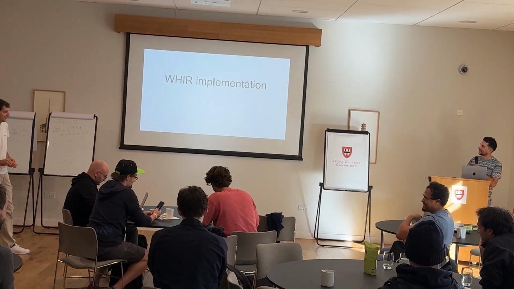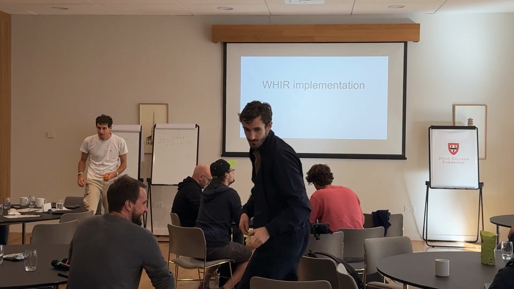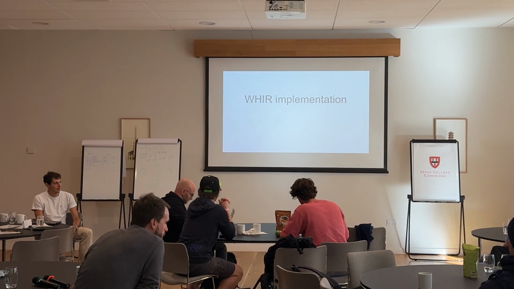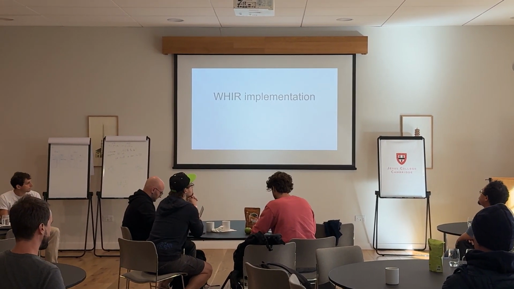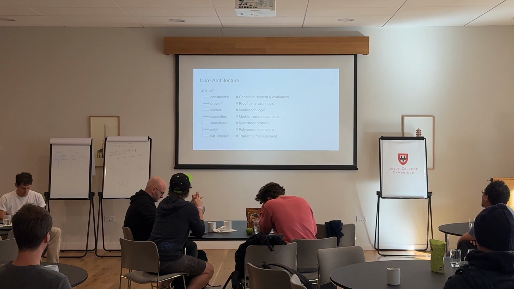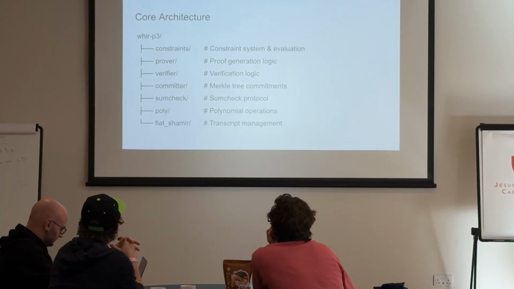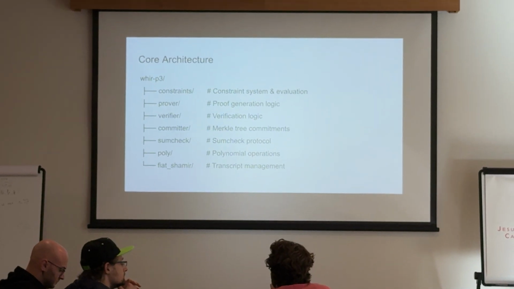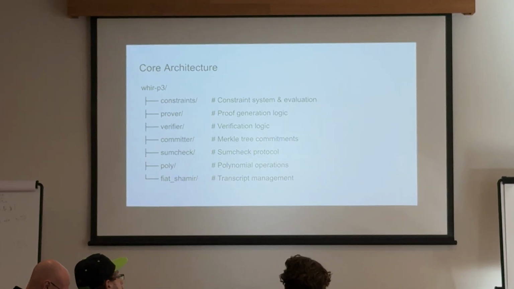in this session, we are going to try to talk about WHIR, its implementation, the details, and try to see how we can move forward and advance about different topics. So, just as the core architecture of the current repo, we have a repo where we have basically all of the implementation of WHIR, including the primitives, the provers, the verifier.